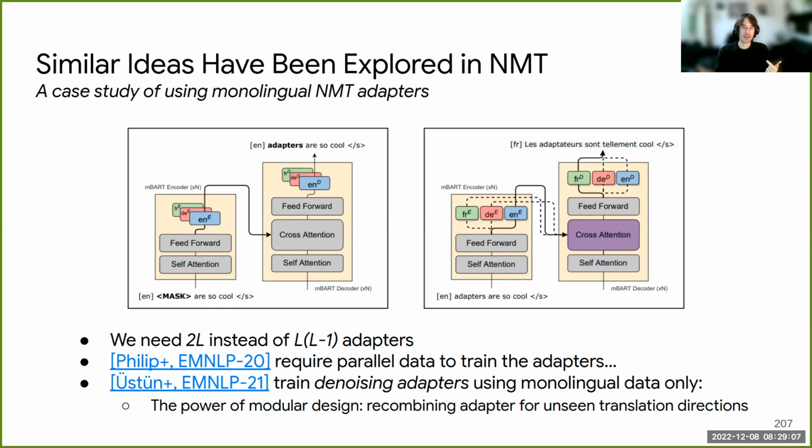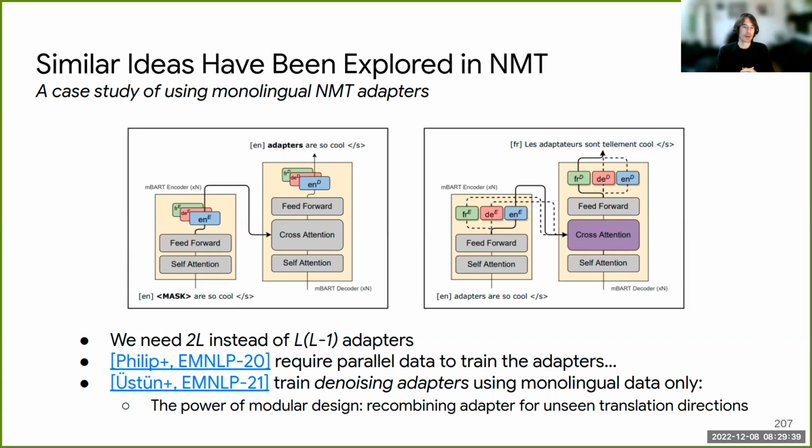And you can already see how this modular design enables recombining adapters to boost even unseen translation directions. If we have a good English language adapter in the encoder, and a Swahili adapter in the decoder, even without ever seeing English-Swahili parallel data, we can combine English and Swahili within the network to enable translation from English to Swahili.